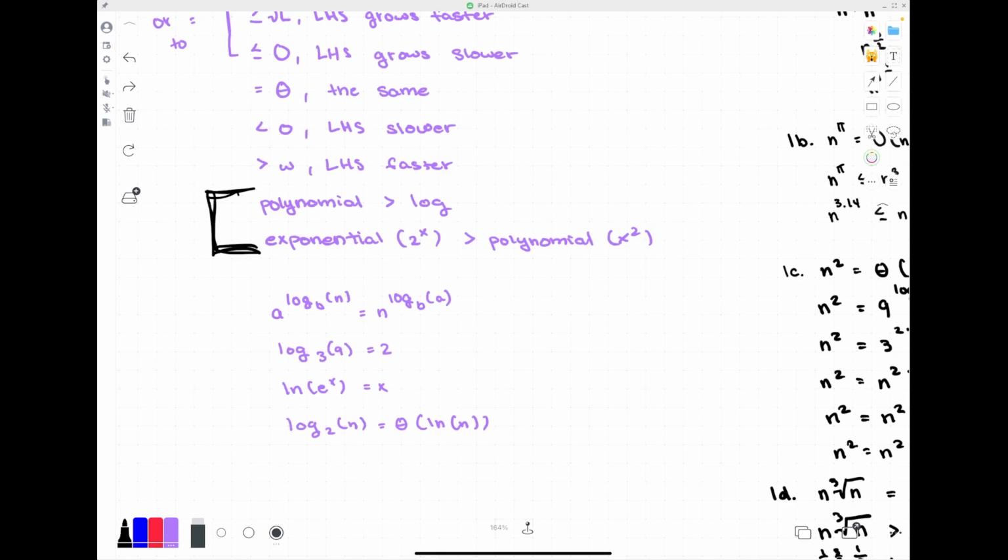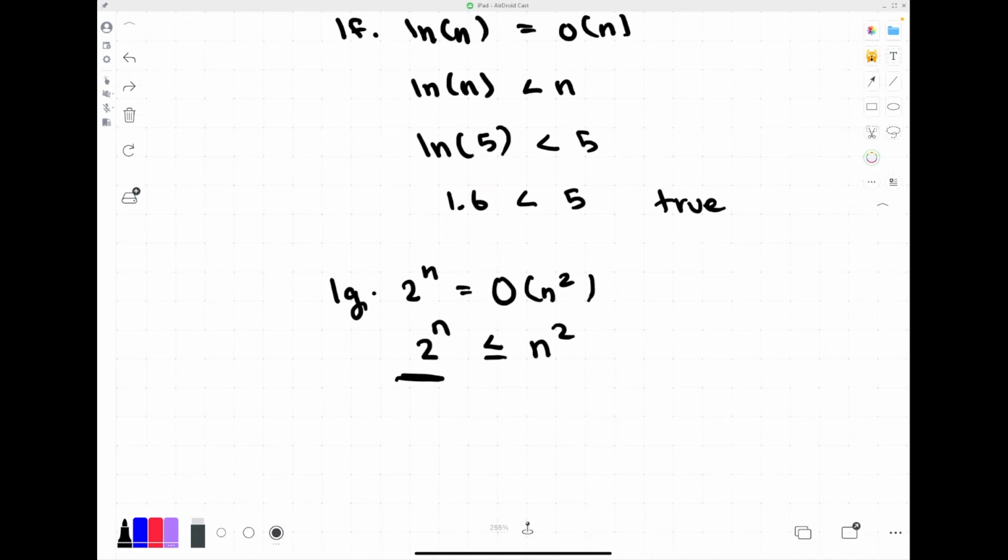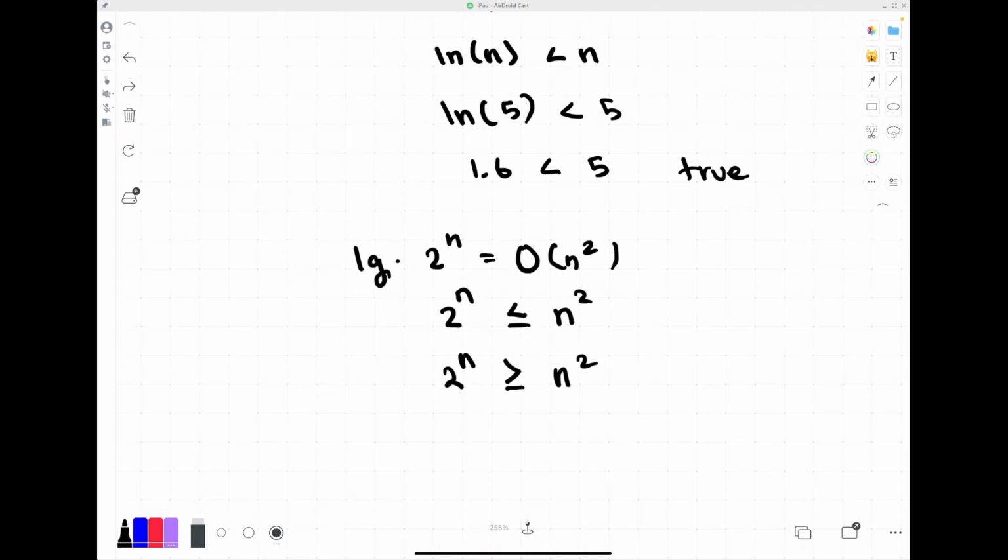So an exponential is always going to grow faster than a polynomial. So if we look back to our problem, this is our exponential and this is our polynomial. So this should always be greater than or equal to n squared.